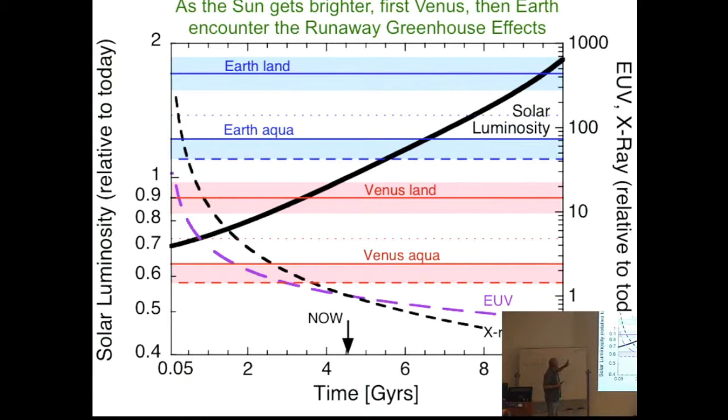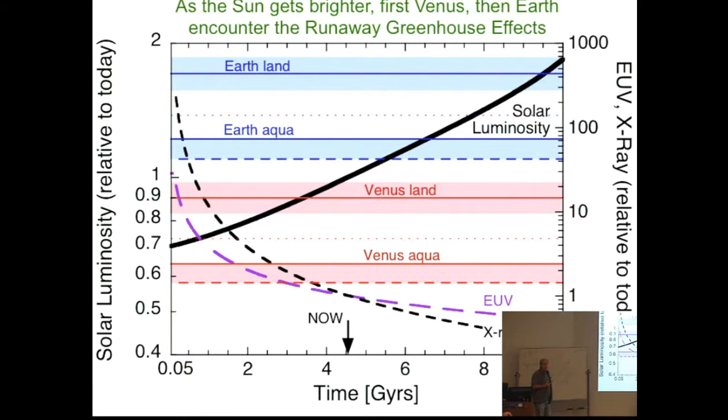In this story, the Venus aqua threshold is always on the wrong side. Venus was never habitable if it were an aqua planet. But had it been born a land planet, a planet without a whole lot of water, it would have initially been in the habitable zone up till about 2 to 3 billion years ago. Earth is an aqua planet now, and the threshold for the runaway greenhouse is met at about 6 billion years.